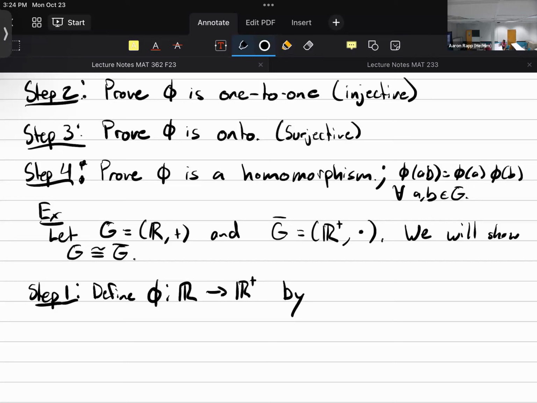But then I have to start thinking in the back of my head, of those ways, what's probably going to be one-to-one and onto, to really focus on a bijective function first, and then see if it's going to preserve my group operation. What is my group operation for what we're referring to as group G? Addition. What's the group operation in the second group? Multiplication.